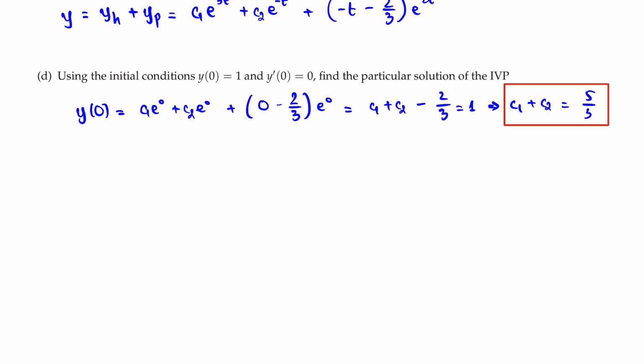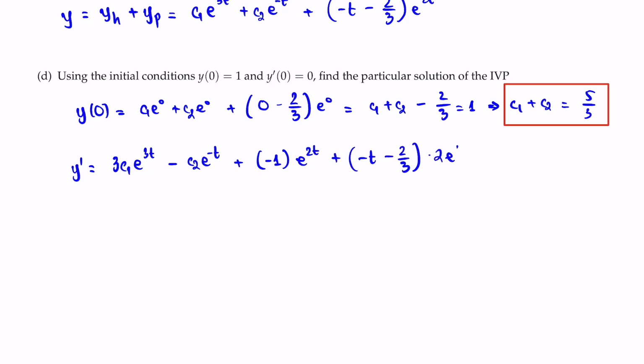Now the second equation that we need to solve for c1 and c2 comes from the second initial condition, y prime of 0 equal to 0. So from y, you get y prime to be 3 times c1 e to the 3t minus c2 times e to the negative t. And you have plus negative 1 times e to the 2t plus negative t minus 2/3 times 2 times e to the 2t.